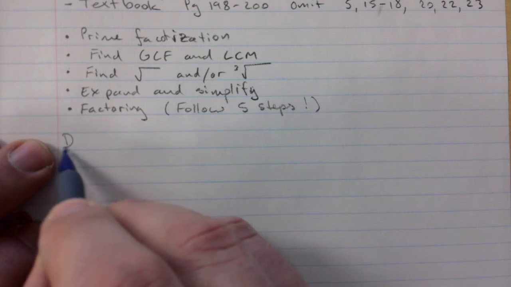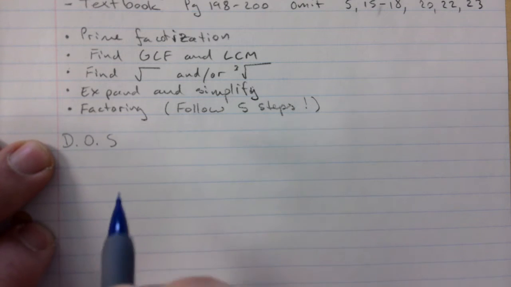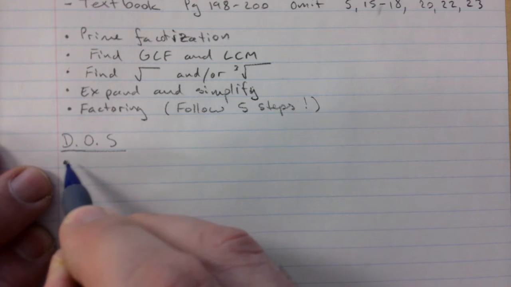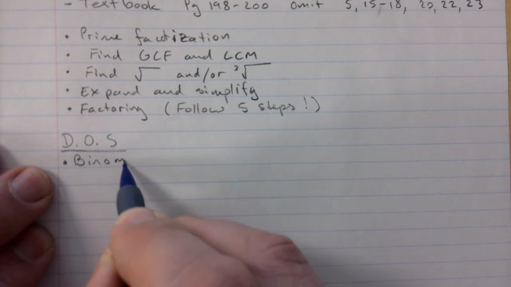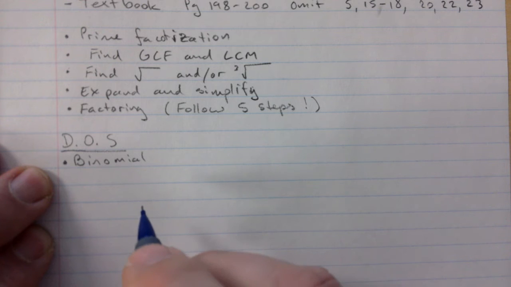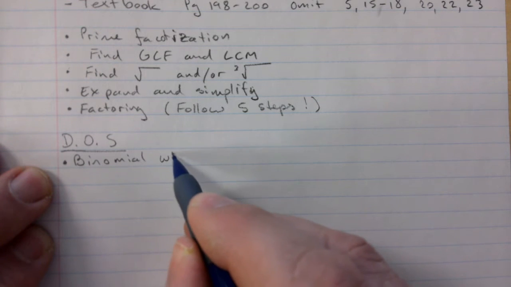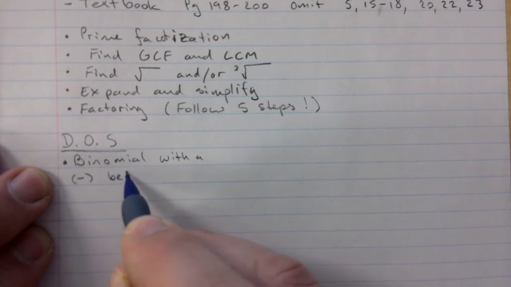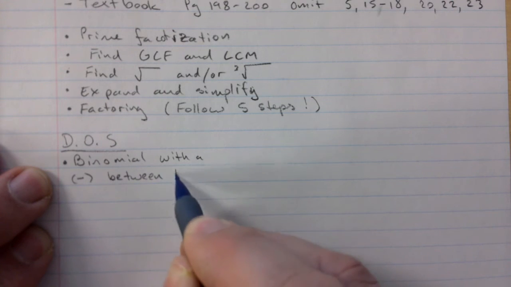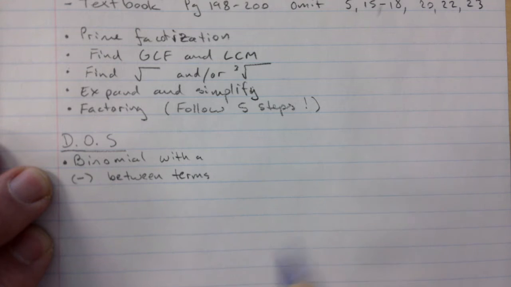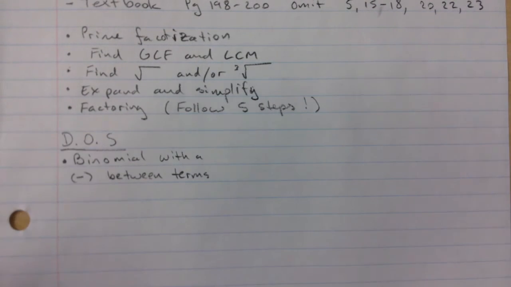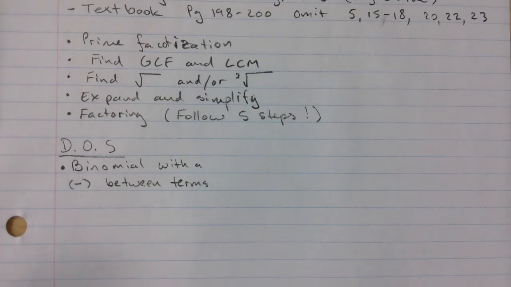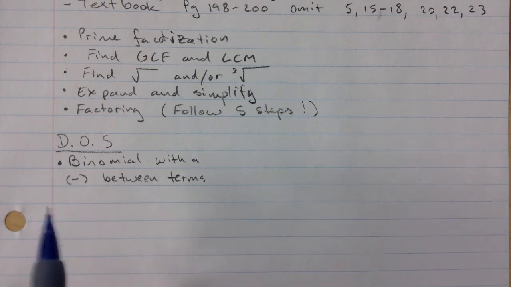If you have a difference of squares, DOS, right? What is that, right? It's a binomial with a negative between terms. That's first of all, you're looking for a negative, right? Let me just focus once here. That's better. It's a binomial with a negative in between.